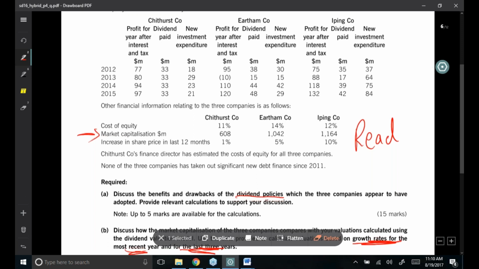So let's discuss the different policies of these three companies.